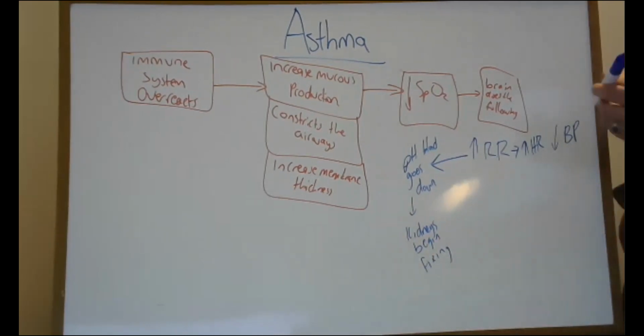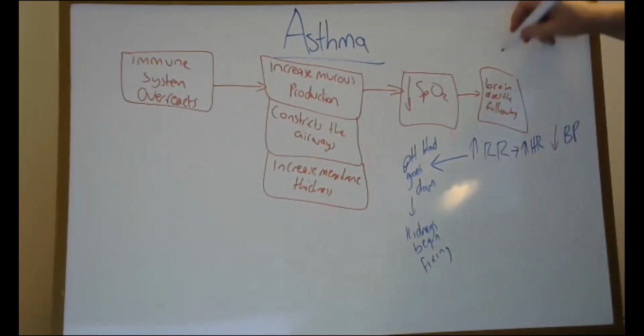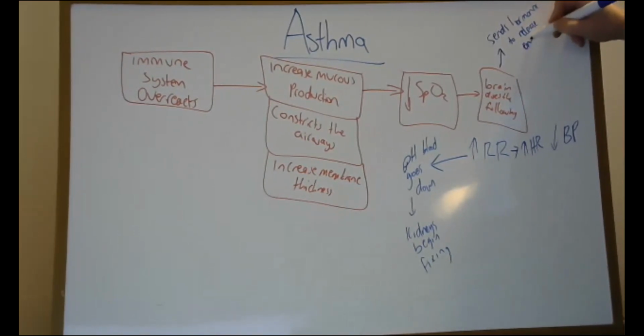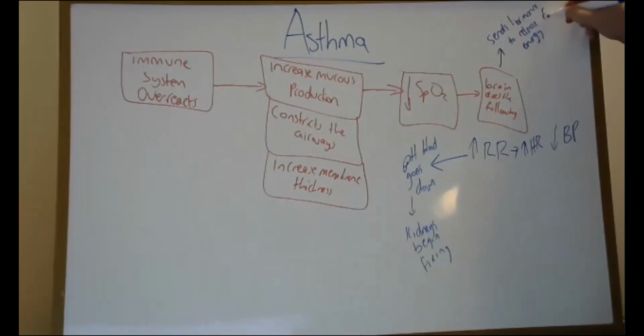The brain, part of the brain, sends hormones to release energy from the muscles.